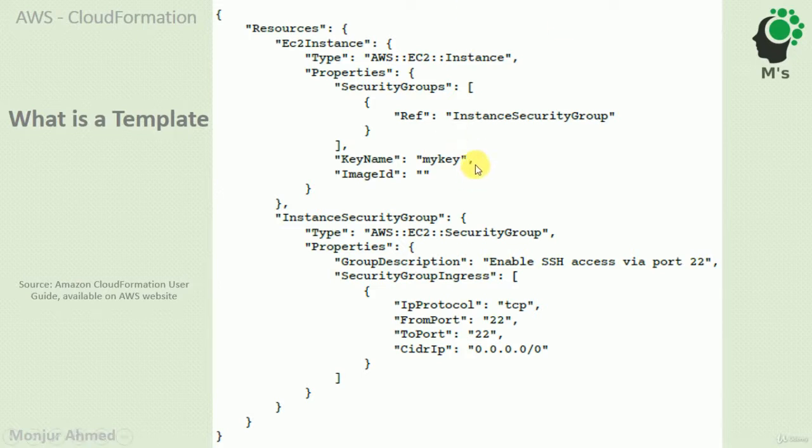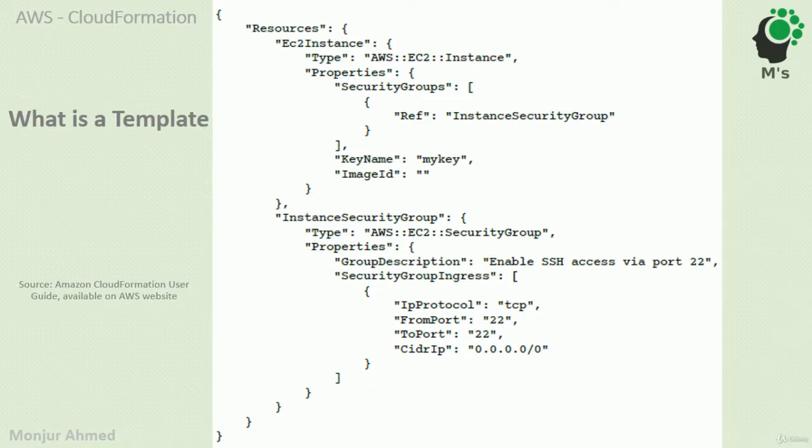So you might need to use the same security group in a lot of different places. You just create it once and simply refer to it wherever you want to use it. However, if we come back to this next key name, you give the key name and some other properties.